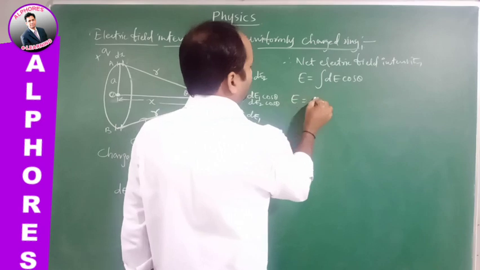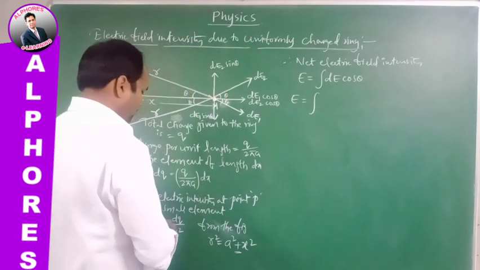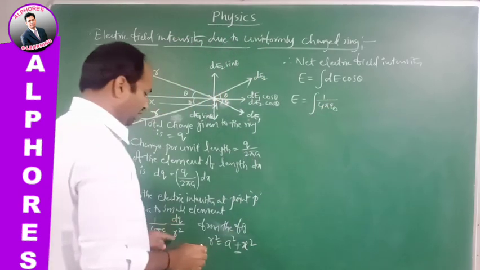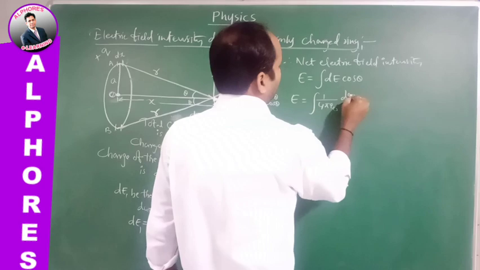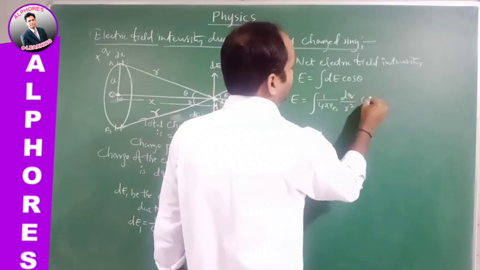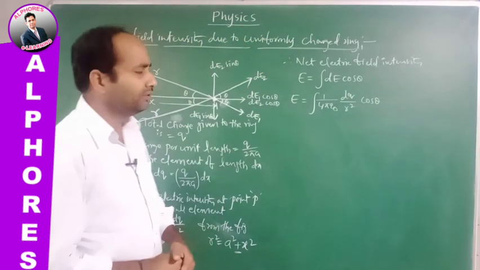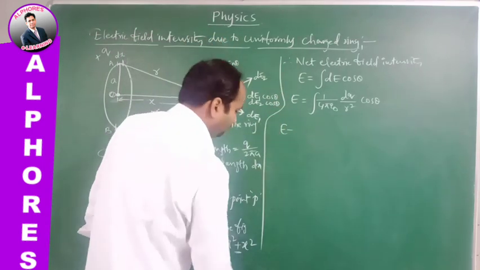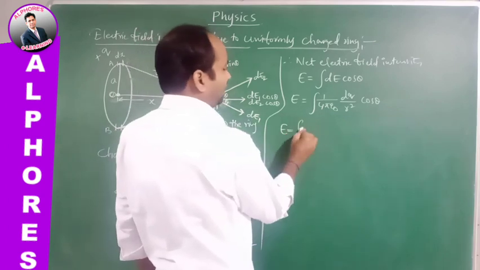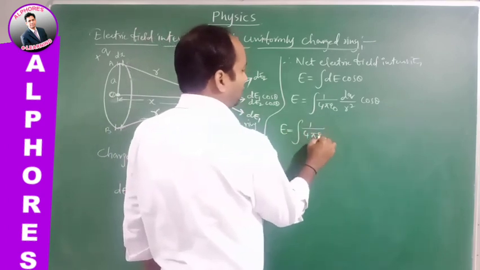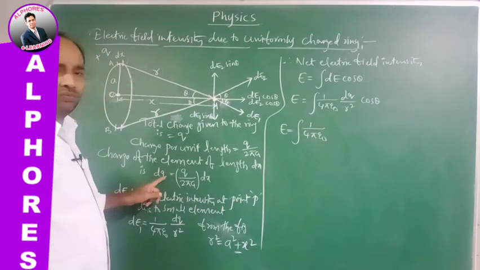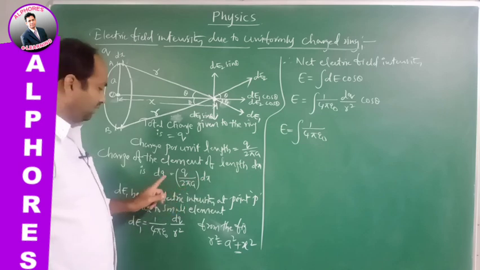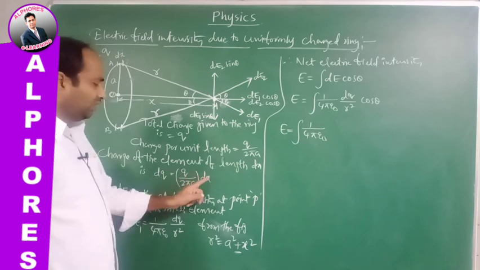E is equal to integration of 1 by 4 pi epsilon naught dq by r square cos theta. What is the dq value? From this equation, dq is equal to Q dx by 2 pi a.